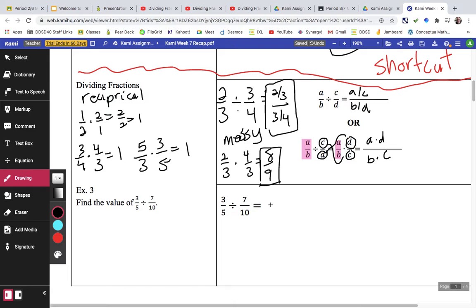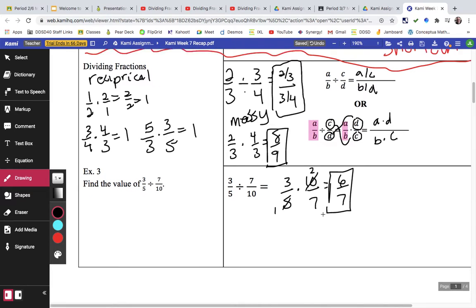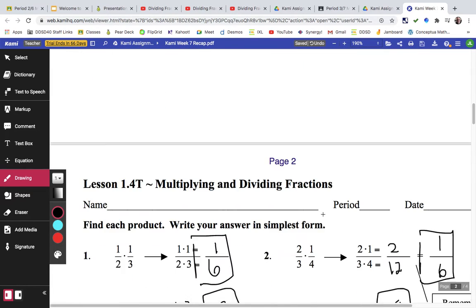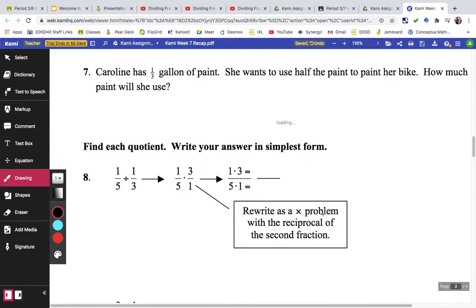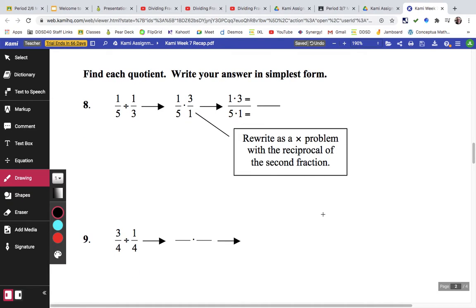So let's try this. This is 3/5 times 10/7. We can pre-simplify. 5 goes in there once, 5 goes in there twice. So this is equal to 6/7. And we went down and did number 8 and number 9.